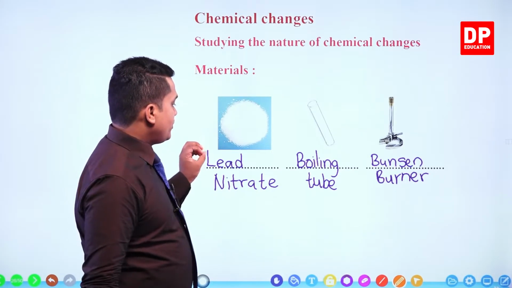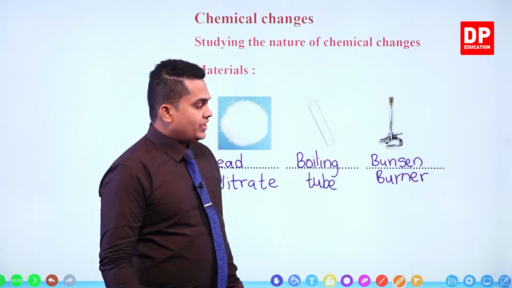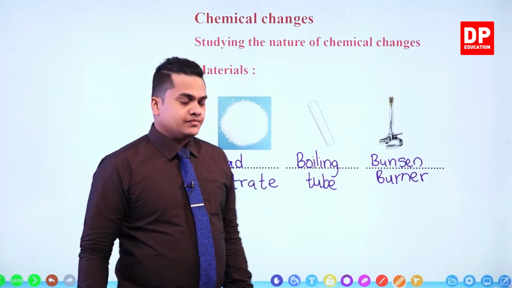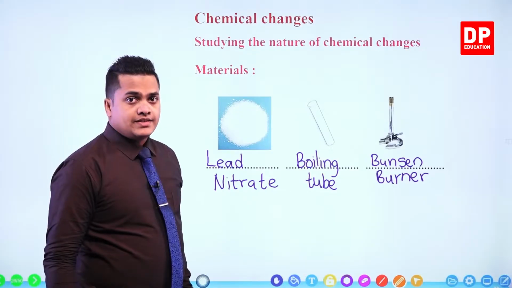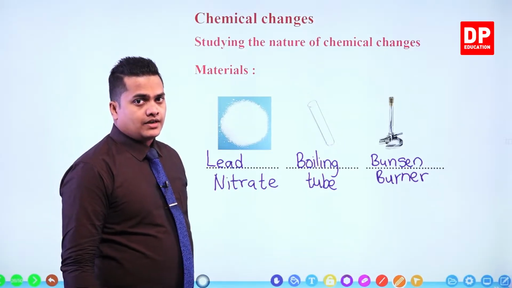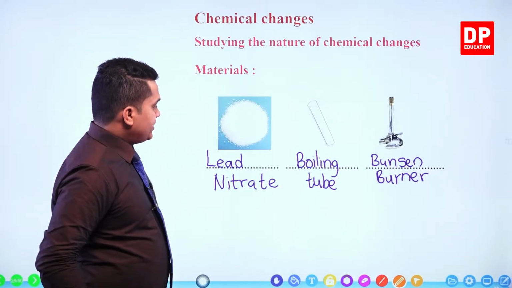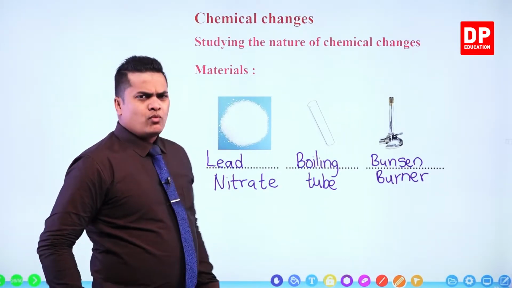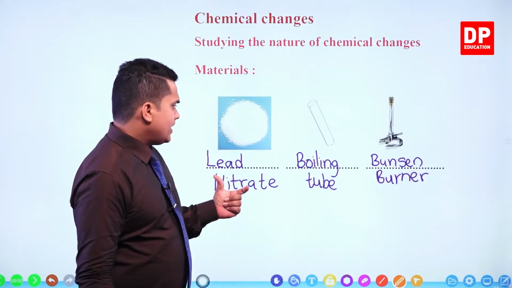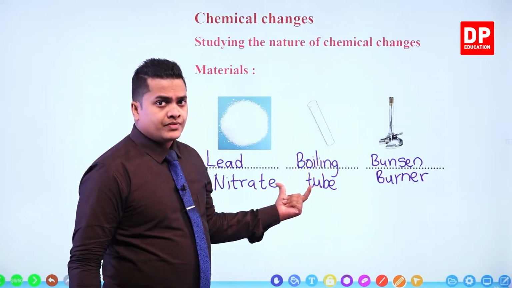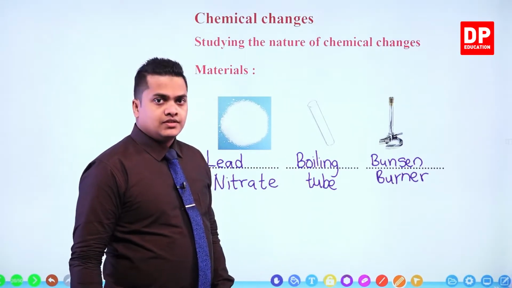System means here we need to add some amount of lead nitrate into the boiling tube and heat it using the Bunsen burner, right? The way of conducting the activity is very simple. You have to take a sample like 1 or 2 grams of lead nitrate into the boiling tube, and by using a forceps you have to heat it.